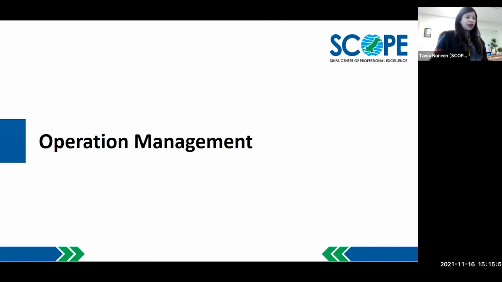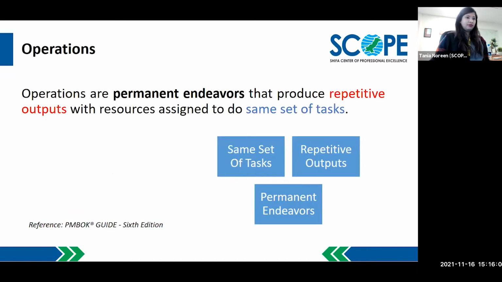The second part of this session is to identify the difference between project management and operation management. We have just learned about project management. Let's learn about operation management. Operations are permanent endeavors that produce repetitive outputs, with resources assigned to do the same set of tasks.